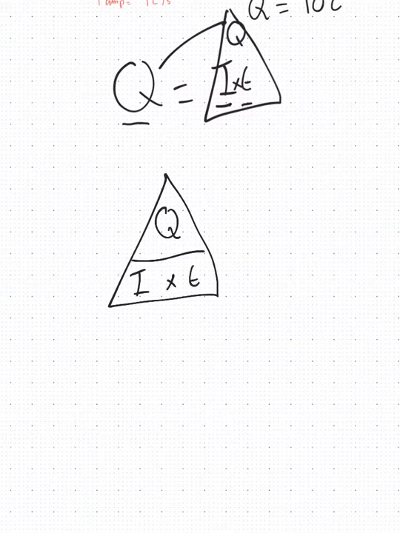This here is your dividing line. In the middle here is multiply. If we want to figure something out, we cover up the thing that we want to find out. If we want to find out t, it would be t equals Q divided by I. So if we wanted to find out the time, we'd take the total charge and divide that by the current.